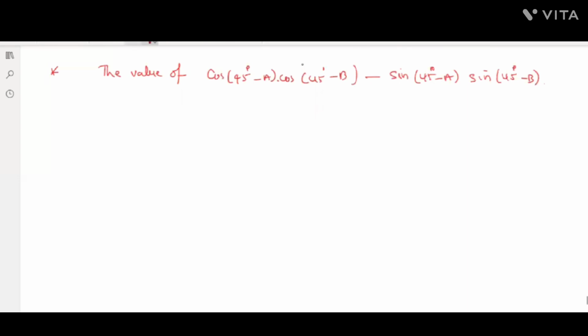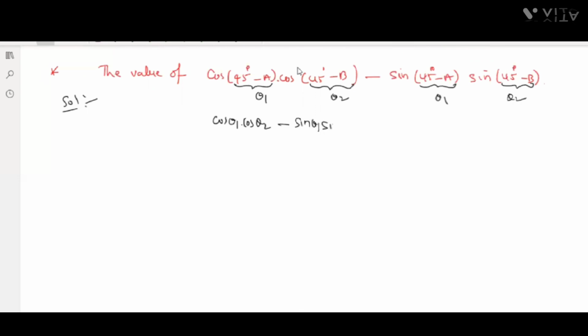The solution is, if you observe clearly, if I assume this as some theta 1 and this as some theta 2, then this also becomes theta 1 and theta 2. This will be converted into cos theta 1 cos theta 2 minus sin theta 1 sin theta 2.